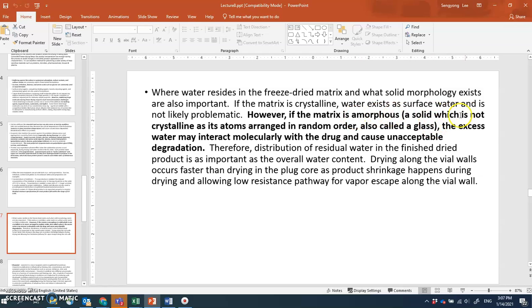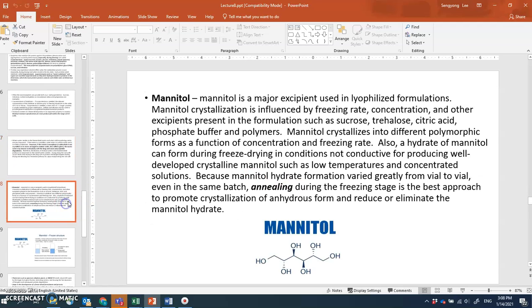A solid which is not crystalline, with its atoms arranged in random order, is called glass state or amorphous state. So you don't want that when you freeze-dry it. The excess water may interact molecularly with the drug and cause unacceptable degradation, so you want to avoid this as well. How you remove your water during freeze drying is very important. So we'll talk about that in the freeze drying lecture.